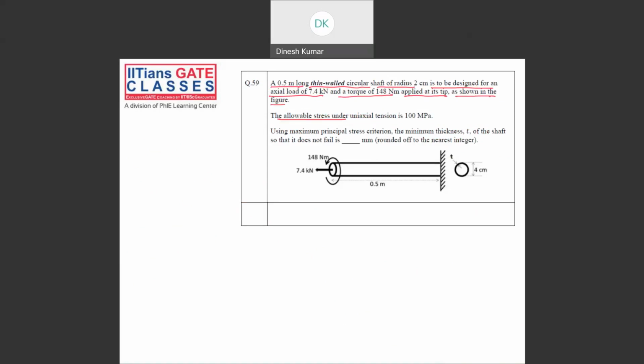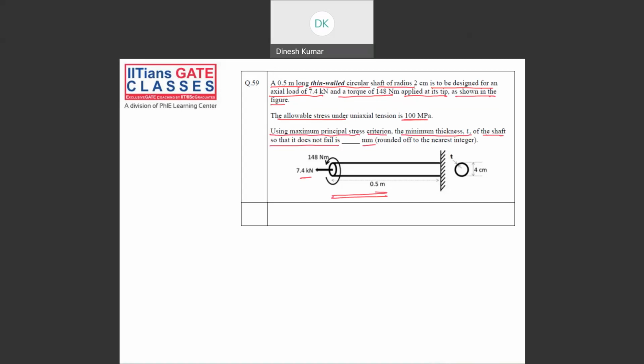The allowable stress under uniaxial tension is 100 megapascal. Using maximum principal stress criteria, the minimum thickness T of the shaft so that it doesn't fail is asked in mm. So guys, if you see this problem, here there is a circular rod or shaft, you can say, or it's a thin walled shaft.